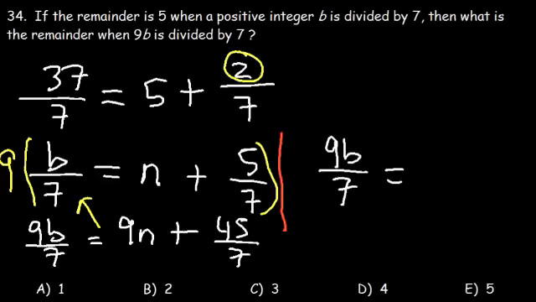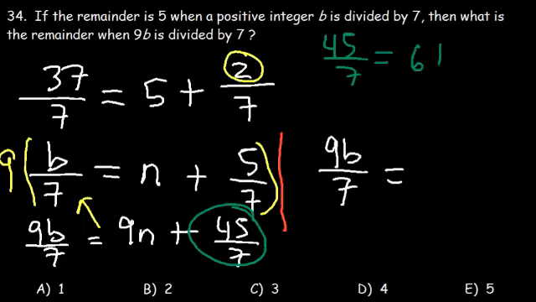Let's focus on 45 over 7. We can reduce that. 7 can go into 45 6 times, and since 7 times 6 is 42, 45 minus 42 is 3, so 3 is the remainder.